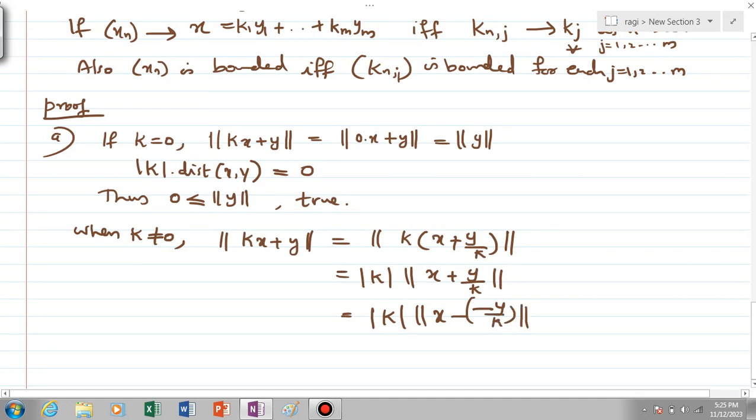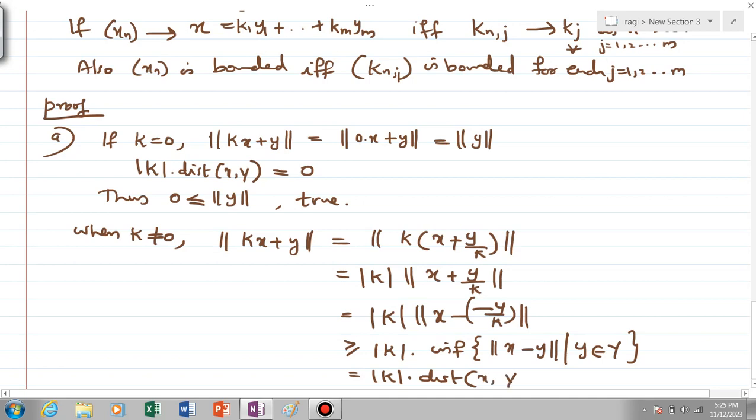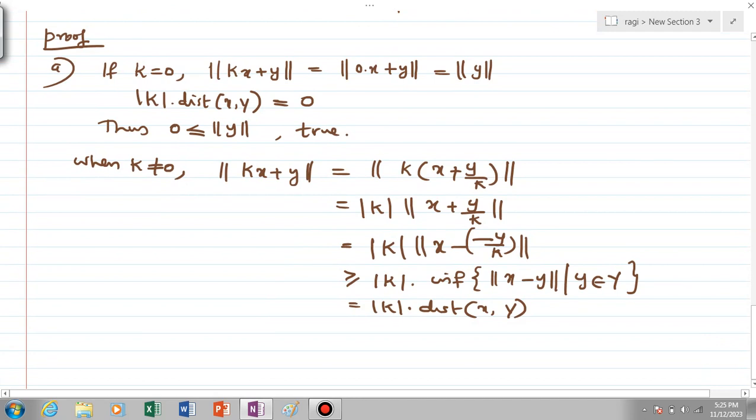This is greater than or equal to mod k times the infimum of the set of all norm of x minus y, where y is an element of Y, that is, the modulus of k times the distance of x from Y. This happens since −y/k is an element of Y.